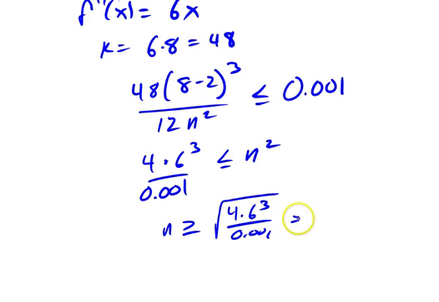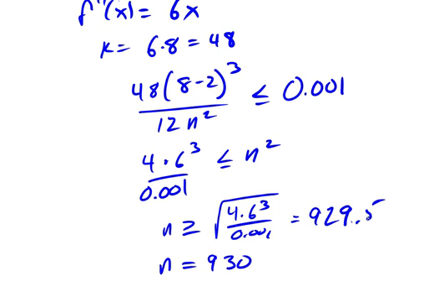I get 929.5. I'm going to pause for a moment and see if I agree with that. Yeah, I agree with that. So the thing is, though, I can't take 0.5. n has to be an integer. So I've got to take n equal to 930. You always got to go a little bit bigger.